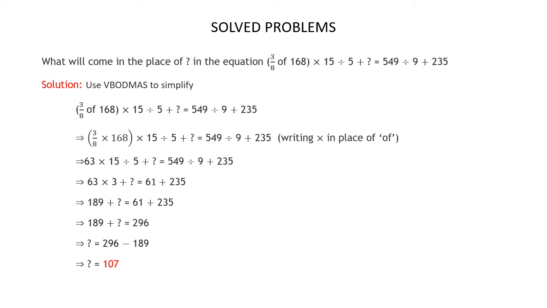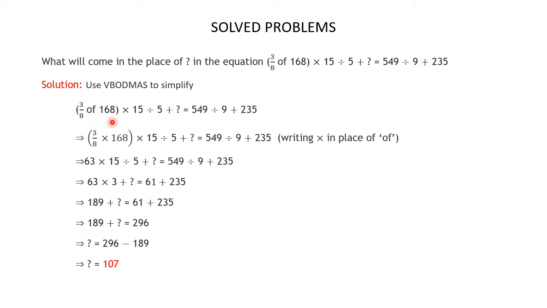The sequence of mathematical operations to be followed while solving this equation has to be strictly according to the BODMAS rule. Now, first write multiplication sign in place of 'of'.